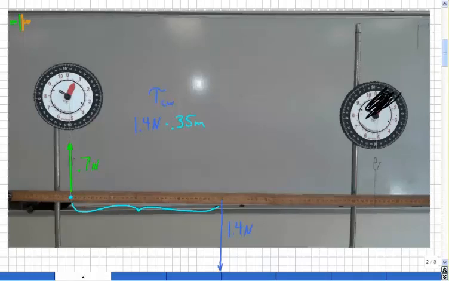Well, we could set this equal to the counterclockwise torque. And we could say, well, we know there has to be a force acting up. In fact, we could call it a tension, but it's at a radius of, well, this was at 15, and this out here is at 85.